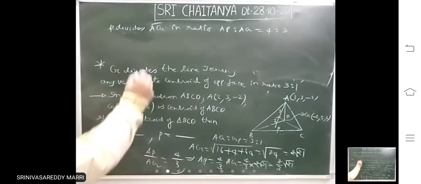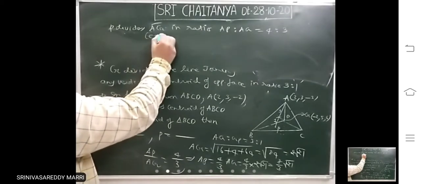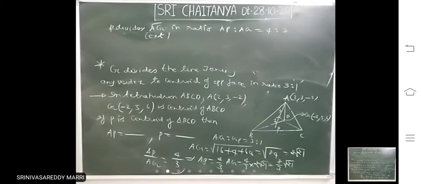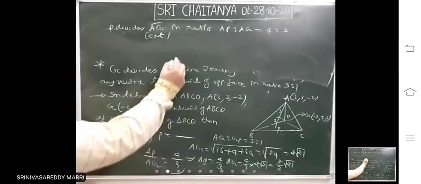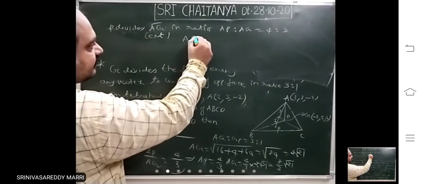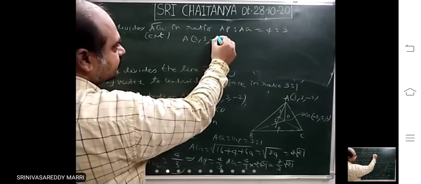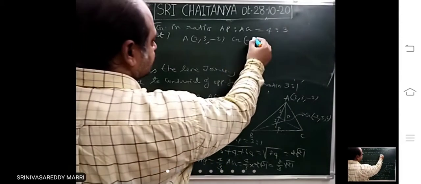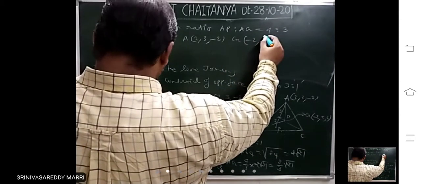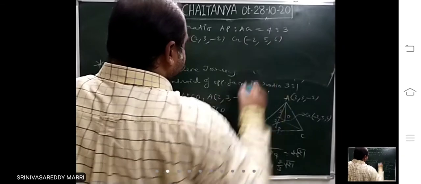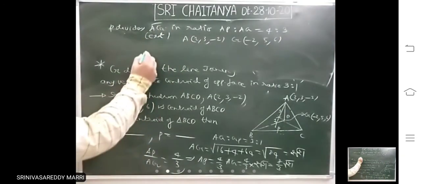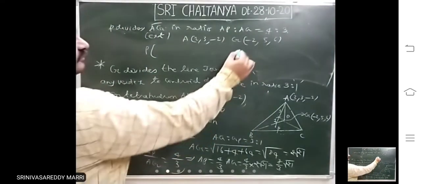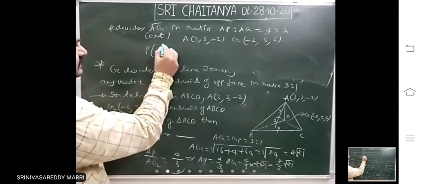Therefore, P divides AG bar externally in the ratio 4 is to 3. Now you know what is this A. So G is given. This now external point. Therefore, P point is nothing but M is to N.